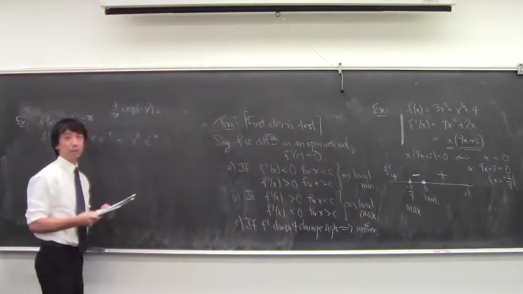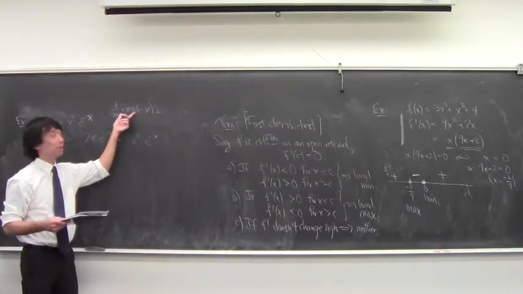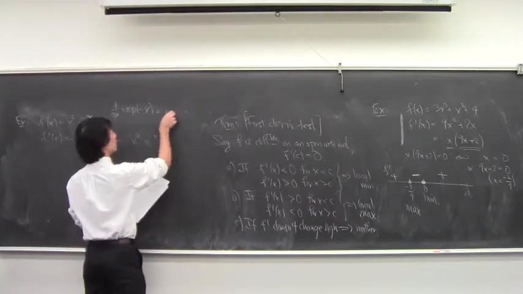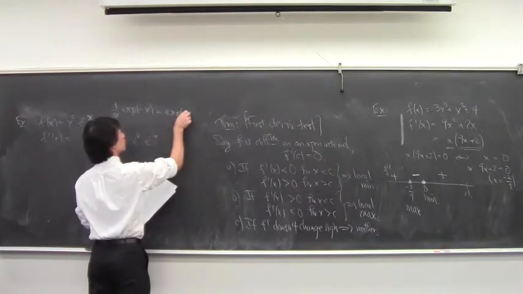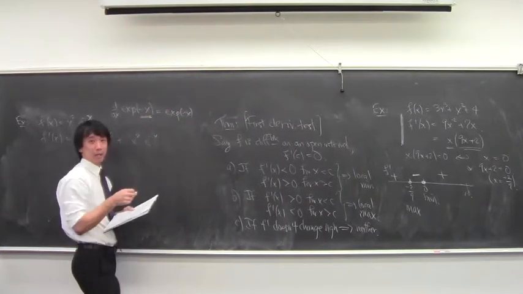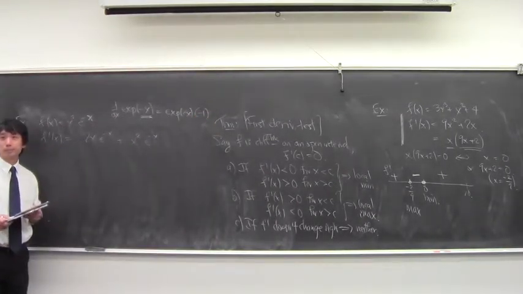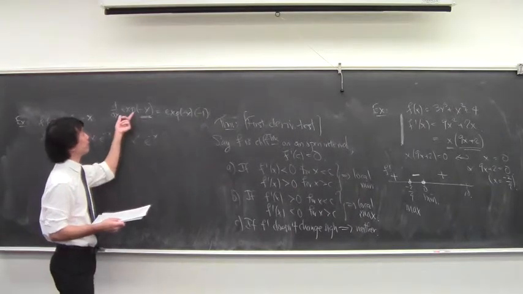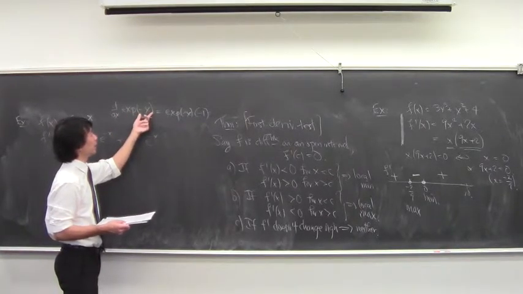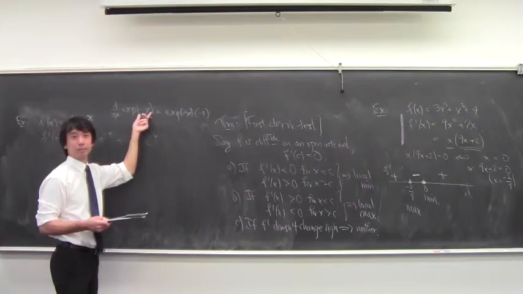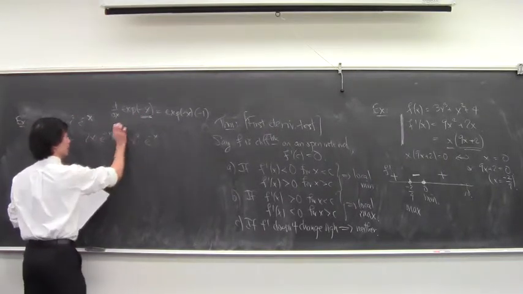By the chain rule, you take the derivative of the outside guy, evaluated at the inside guy, times the derivative of the inside guy. So you need a negative 1 in there. So this should be a minus rather than a plus.